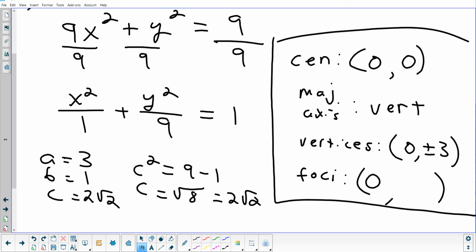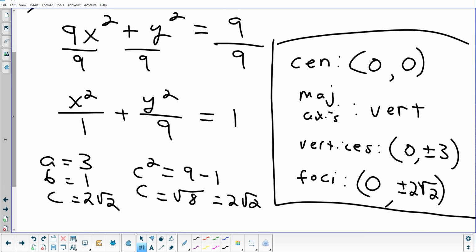And what about the other one? So 0 plus or minus 2 square roots of 2. Those are your foci. Okay, any question on that one?